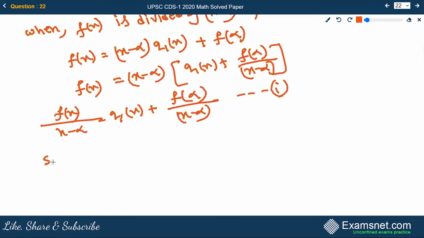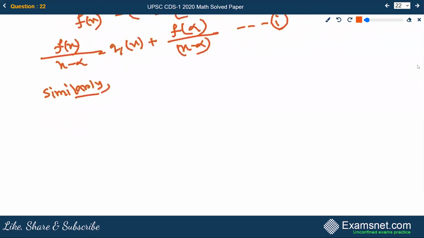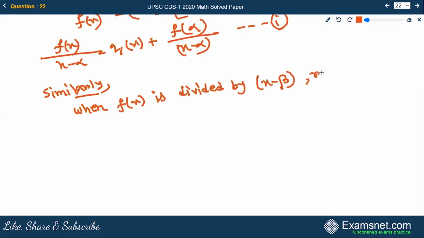Now similarly, when f of x is divided by x minus beta, the remainder is f of beta.